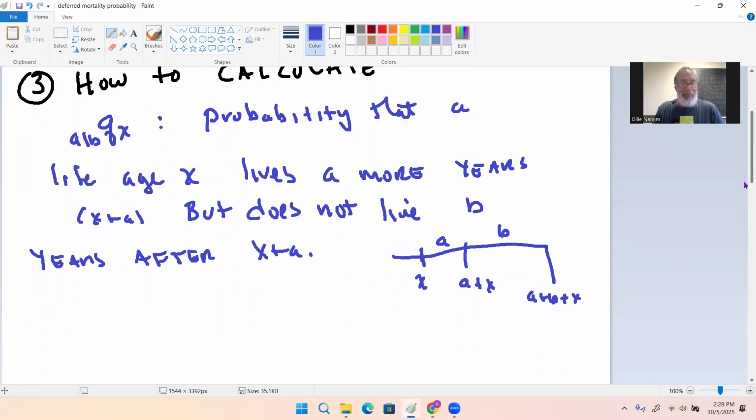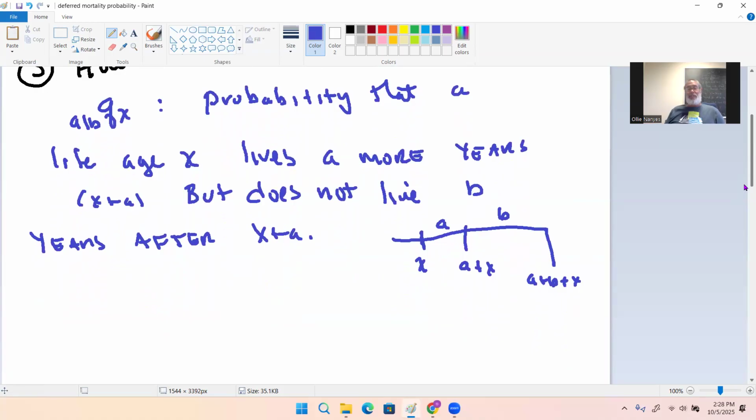Now, it's an important concept in actuarial science, and I'll explain why in just a bit, but I think it would probably help to know how to calculate it. Well, one way is to use a survival function. The life starting at X has to make it A more years, so it's P sub X, lives A more years.